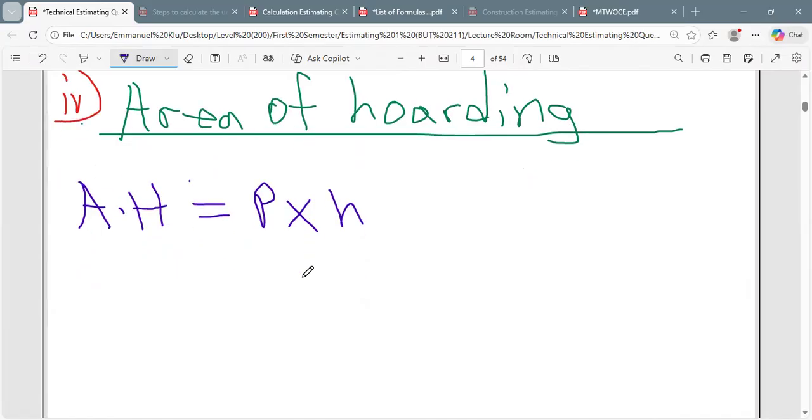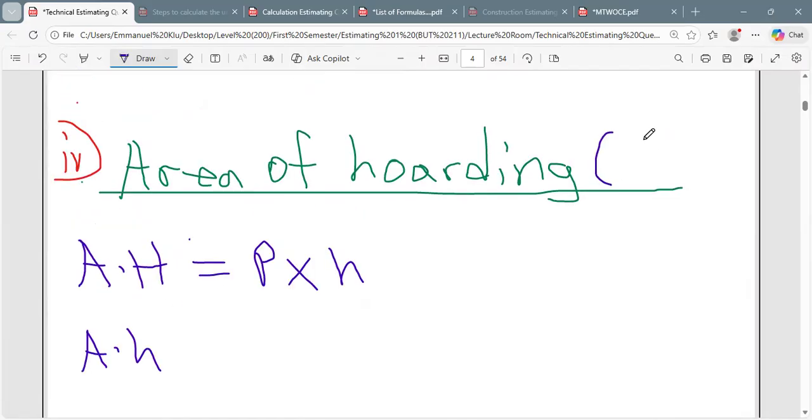So our area of hoarding, if you see me writing this, is the same as area of hoarding. Don't get confused.